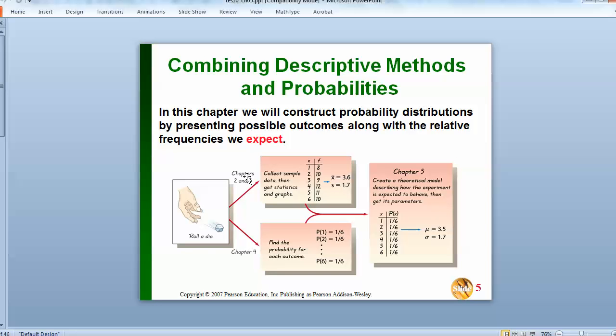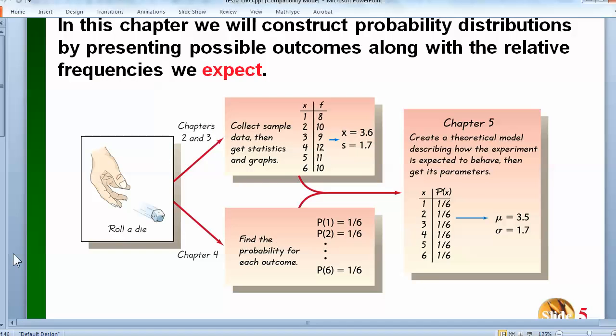And here's a quick illustration, let me enlarge this, to show that bridge. We went from the observed frequency distribution to determining how to figure out probabilities of events occurring, and sample space and all those related terms, and converge that into chapter 5, which is to create probability distributions.